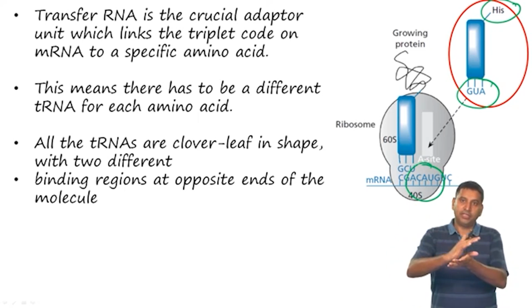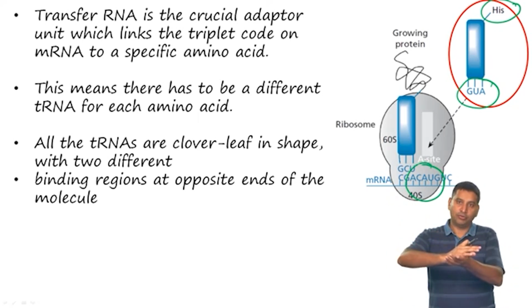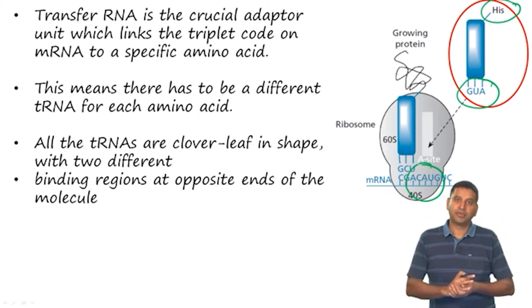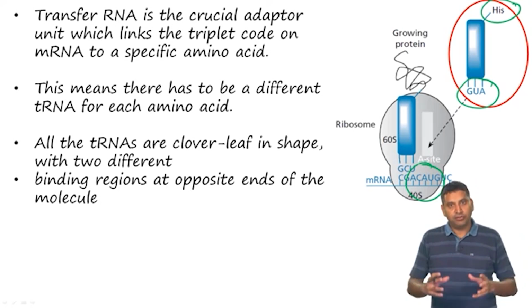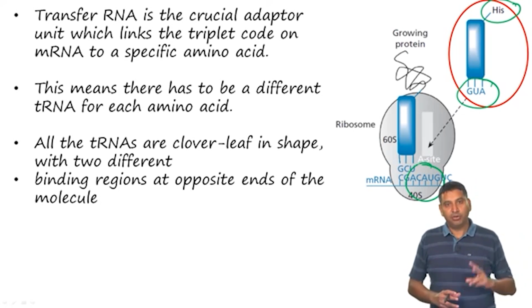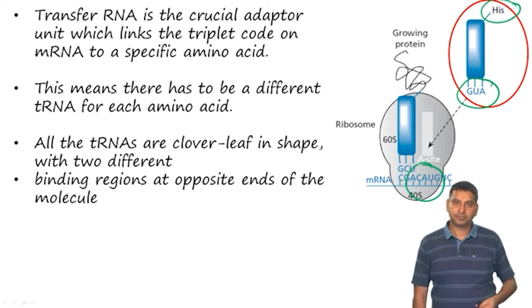Once it binds, it charges the ribosome with the correct amino acid. Therefore, there has to be a different tRNA for each amino acid. All the tRNAs are clover leaf in shape with two different binding regions at opposite ends of the molecule.